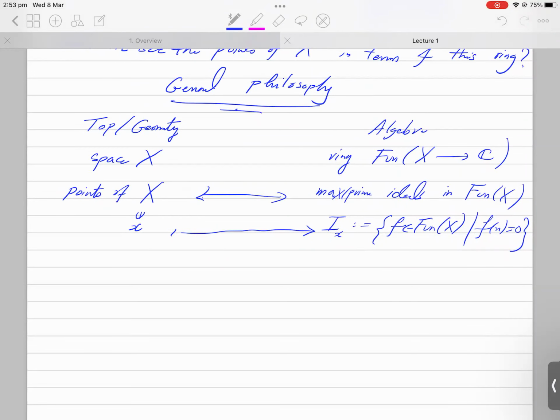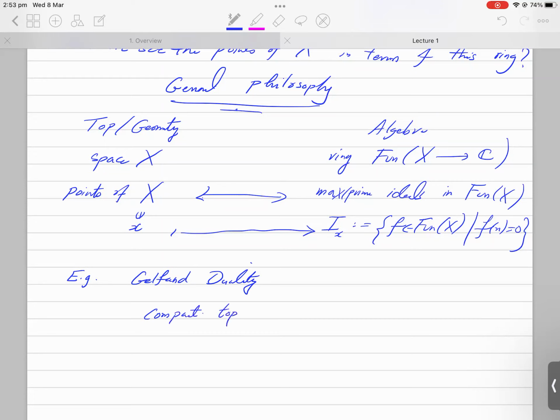For instance, there is something called Gelfand duality, which I read in the context of C-star algebras. It says that there's a precise equivalence of categories. Of course, Gelfand didn't phrase it this way.